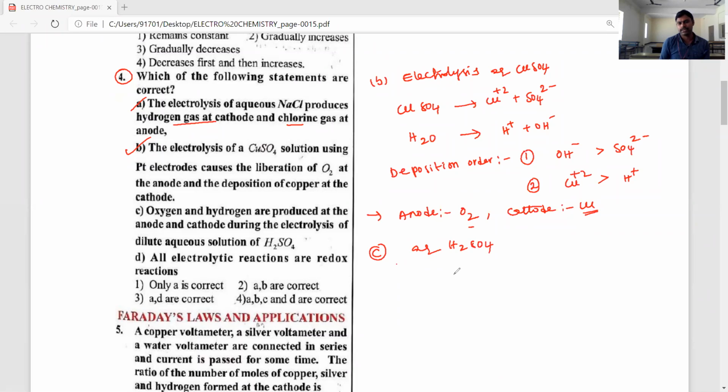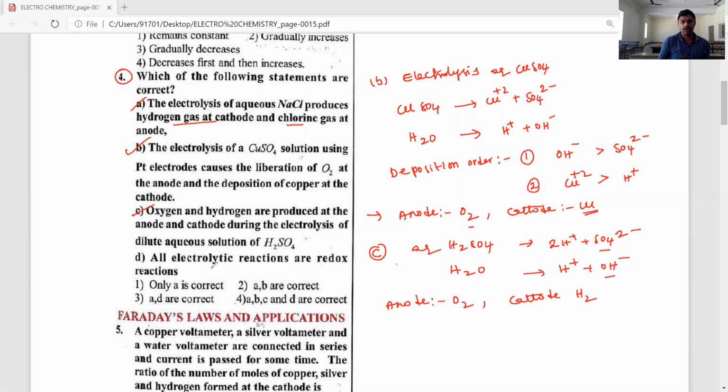Aqueous H2SO4 means it will be ionized to give 2H plus plus SO4 2 minus, and water also will be ionized to give H plus plus OH minus ions. So at anode O2 will be released and at cathode H2 gas will be released. So the third statement is also correct.